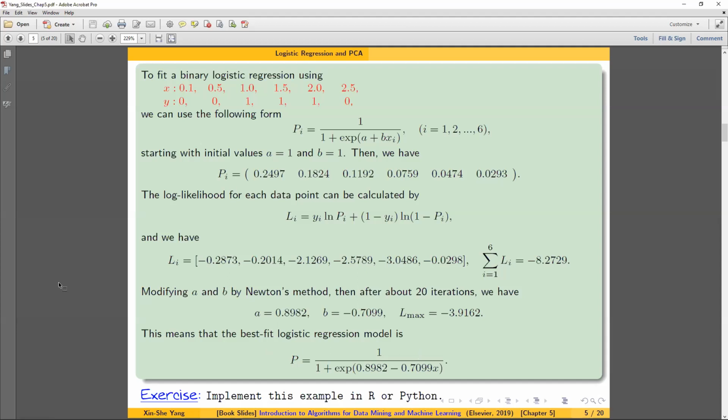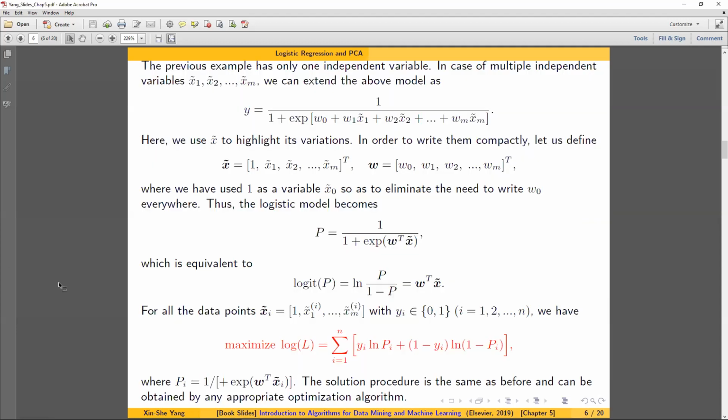Okay, let's continue with logistic regression. Now we only used one independent variable. What if we have multiple independent variables, such as x1, x2, all the way to xn? As I just mentioned, for the customer in the Amazon example, he also bought XYZ previously.